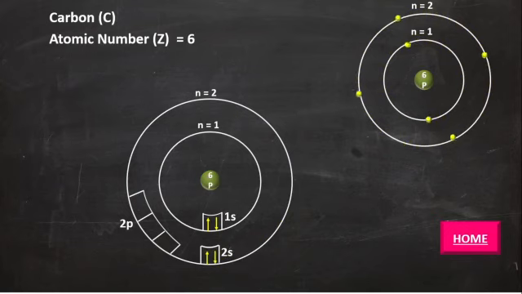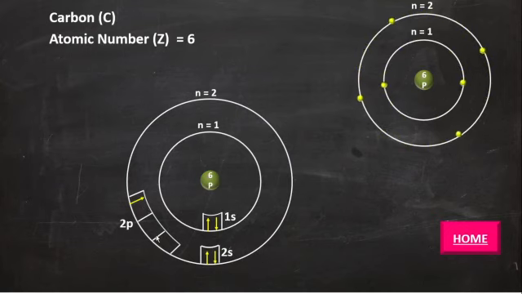Next, fifth electron occupies one of the empty 2p orbitals, and the sixth electron will not pair up with this electron because these three orbitals are equi-energy orbitals, isn't it?